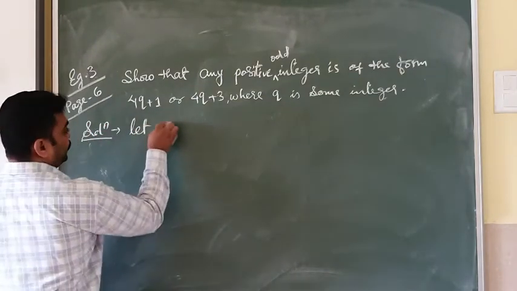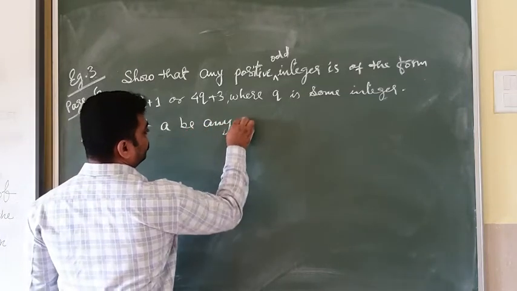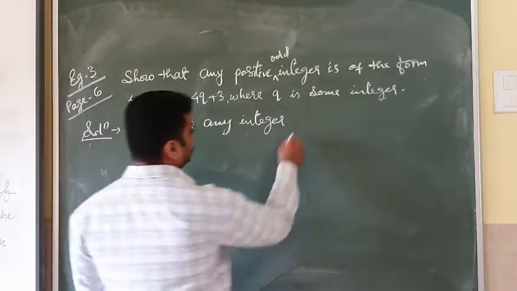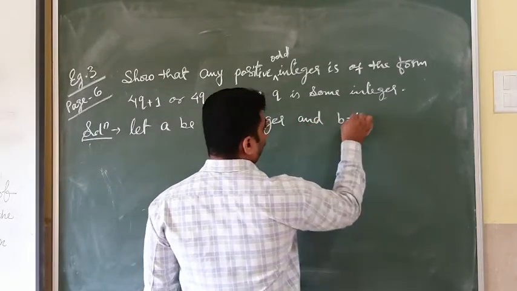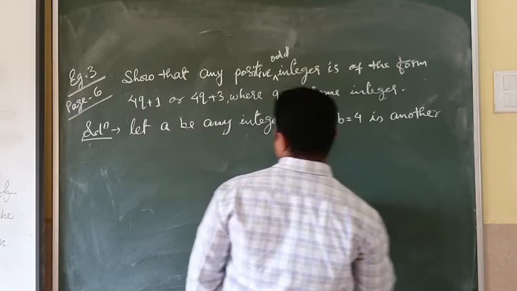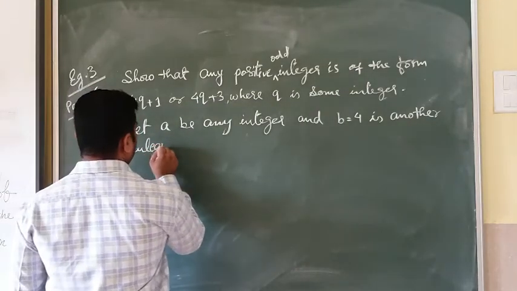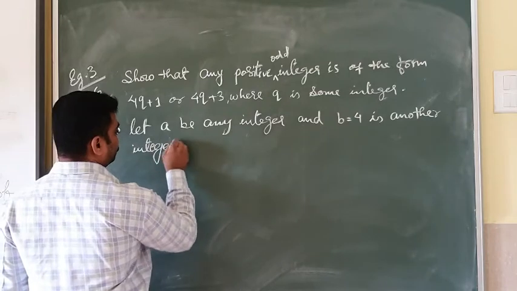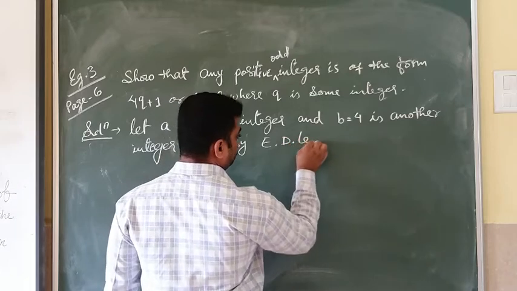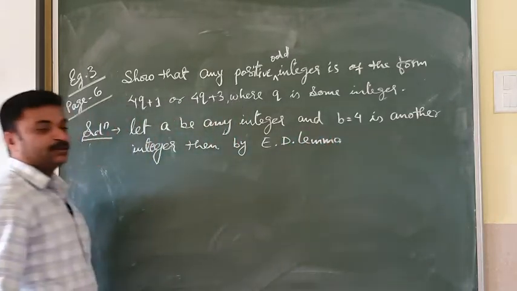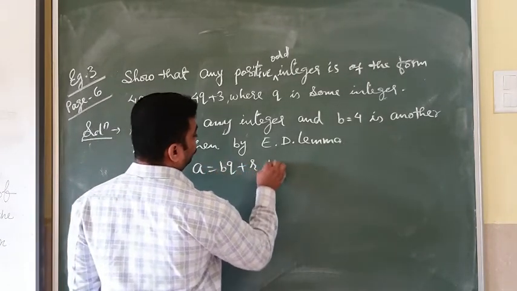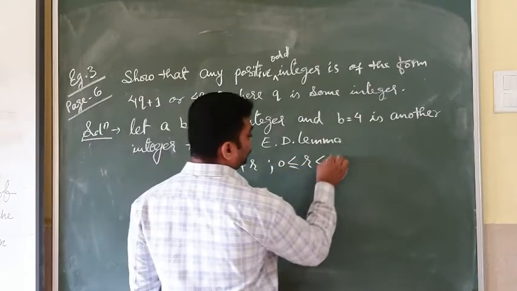let a be any integer. Let a be an integer and b equal to 4, another integer, then by Euclid's division lemma, what do we write? a is equal to bq plus r, where r is greater than or equal to 0 and less than b.